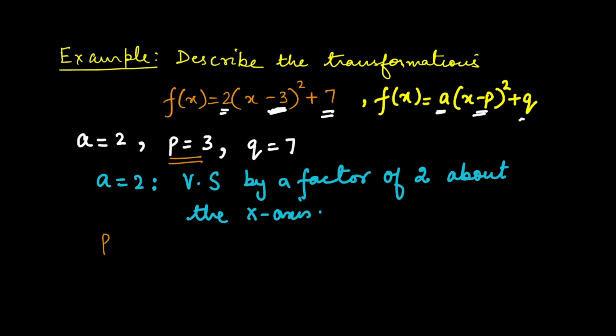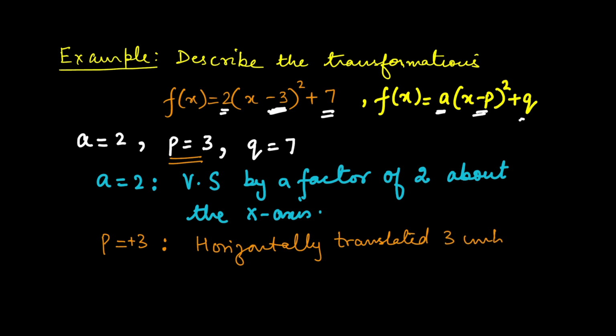So p value is 3, which is positive. So we always have to check if it is positive. So now we see it is positive, so we are going to choose the one statement only, because two statements were given under the concepts. So when p is positive, we'll write this as horizontally translated, since it is positive, so 3 units right.